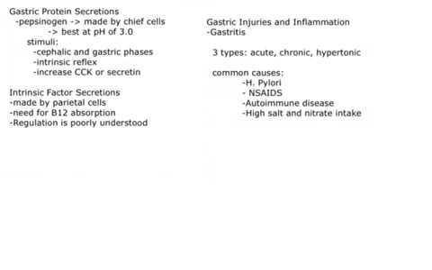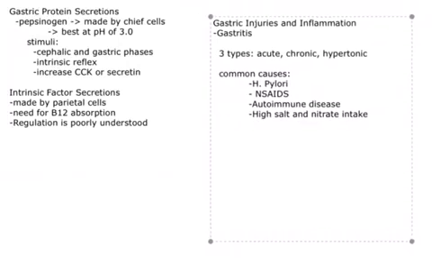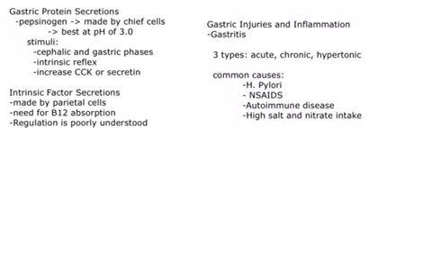We have the acute, which can be solved easily. Then we have chronic. It's harder to resolve, but there's a possibility of resolving it. And then we have the hypertrophic, which is pre-malignant growth of the mucosa, which leads to cancer. So this is not one we ever look forward to at all.